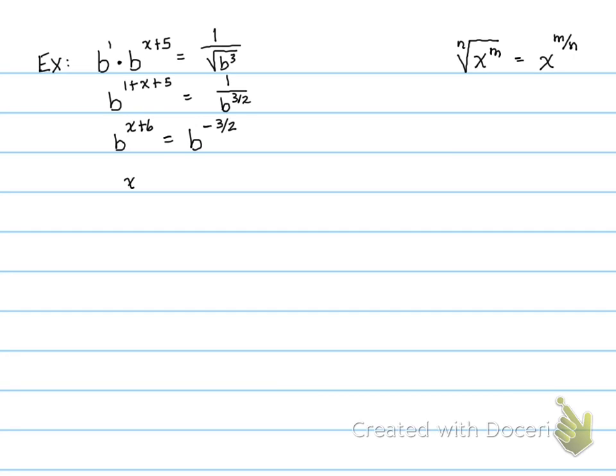So x plus 6 equals negative 3/2. And we'll clear fractions. So 2x plus 12 equals negative 3, which means 2x equals negative 15. And x equals negative 15/2.